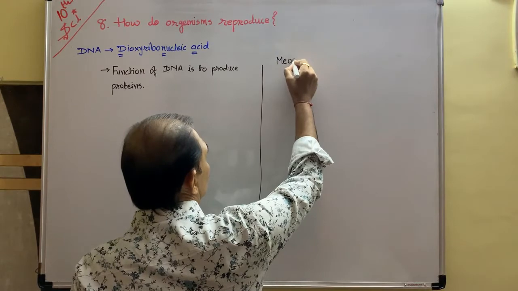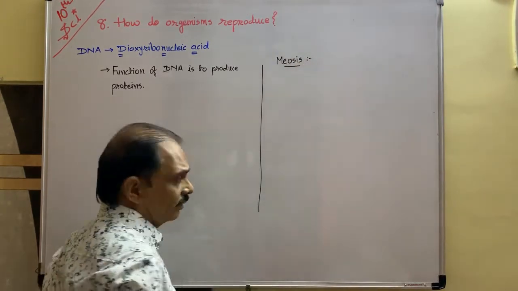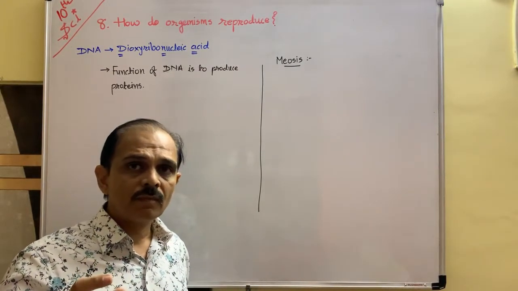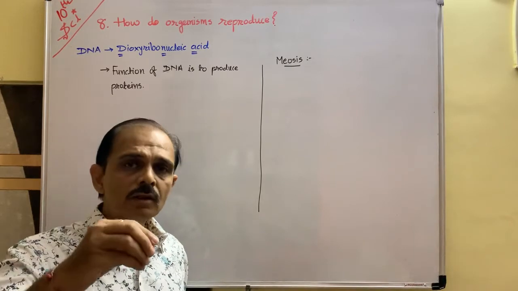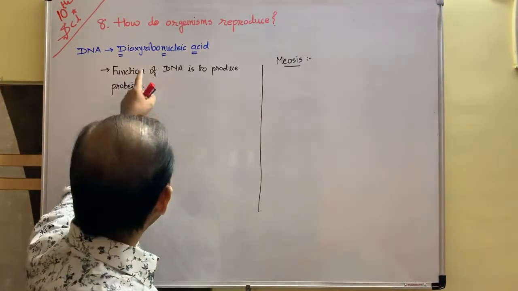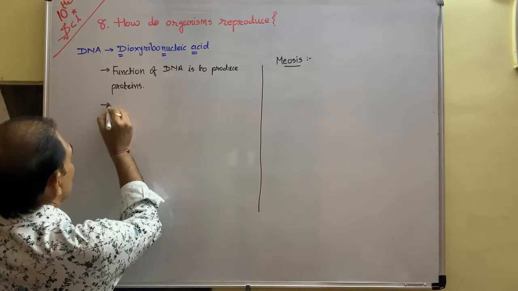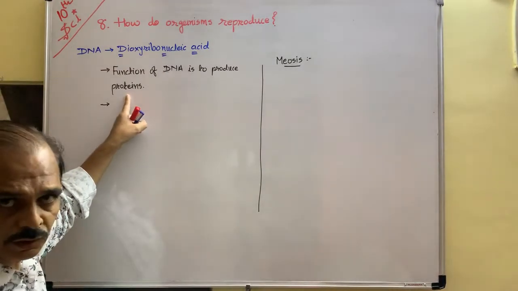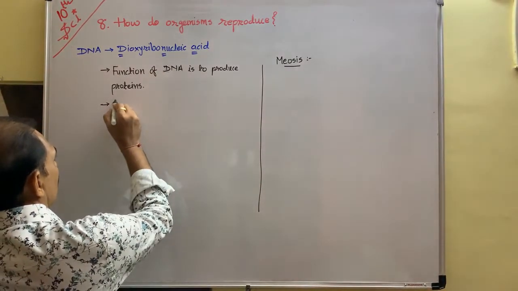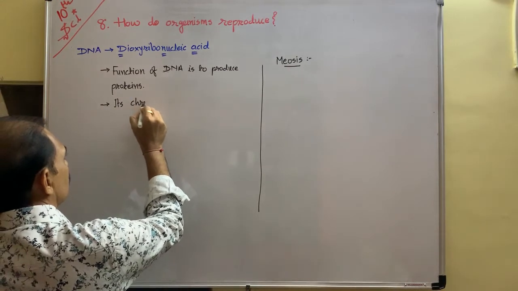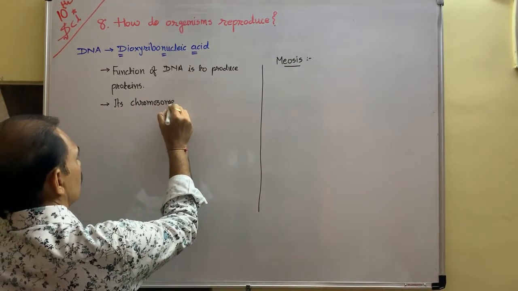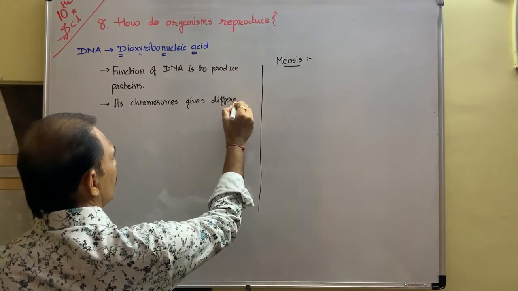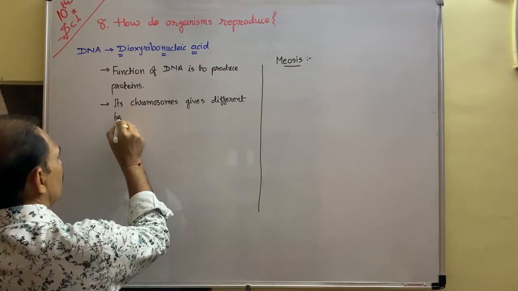What is this meiosis? Meiosis is the formation of the baby. Exactly what happened? Male chromosomes contain DNA. So the second function of DNA is what? First, it produces protein, and second, the chromosome gives different biochemical reactions.